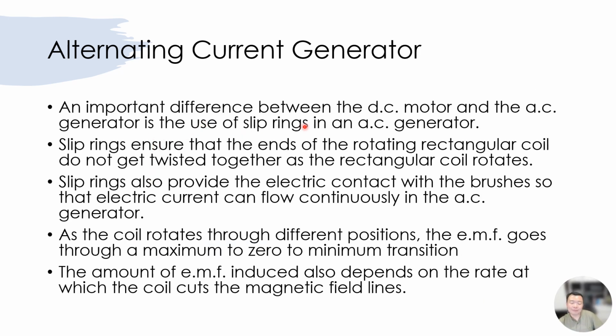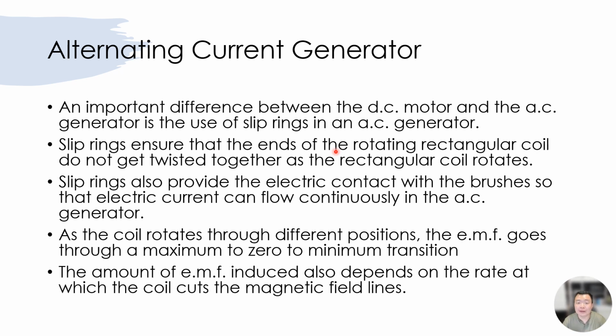So some details to note. Note the difference between slip rings and split rings in the DC motor. The slip rings, like what the split rings do, they ensure that the wires in the external circuit do not get tangled up.